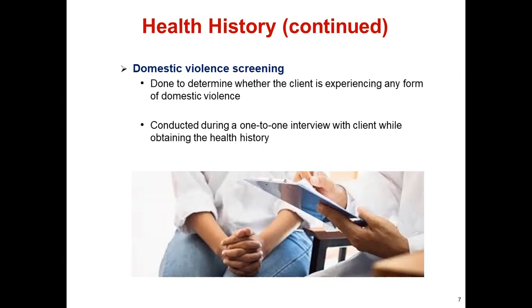Among elderly patients, the most common are elderly with Alzheimer's or dementia. Conduct a one-to-one interview with the client while obtaining the health history. If you see any clue of domestic violence, it is good to take the history one-to-one from the patient.